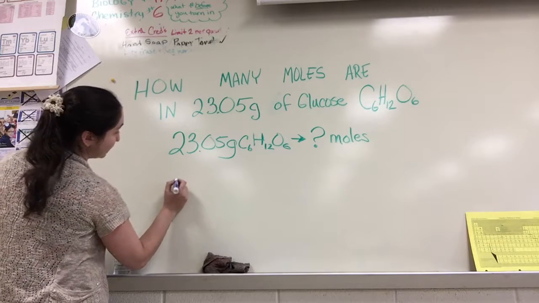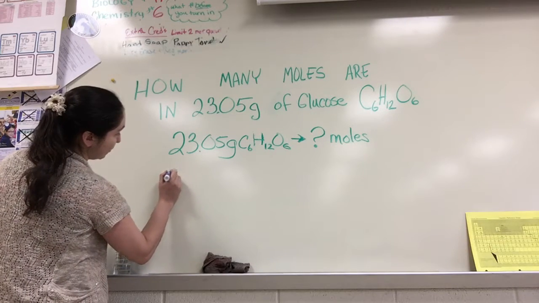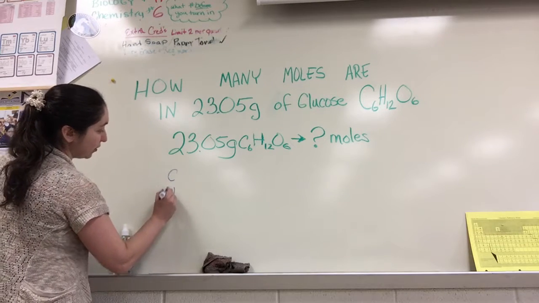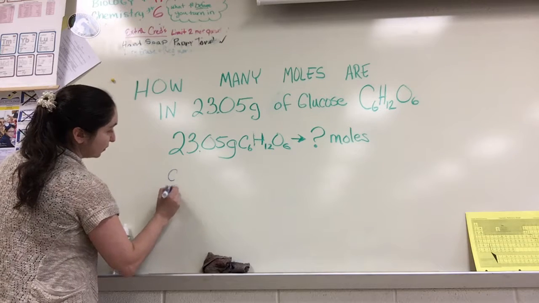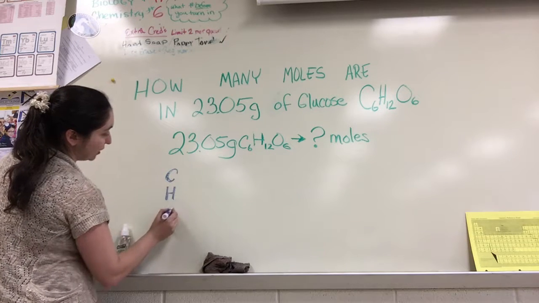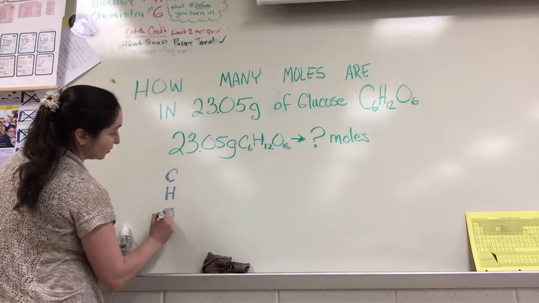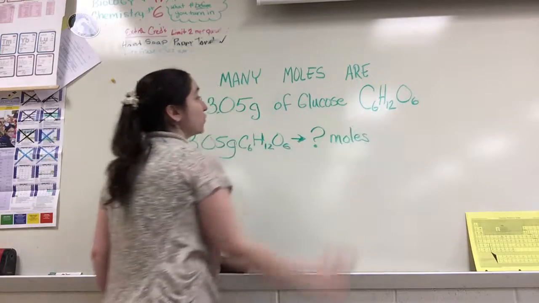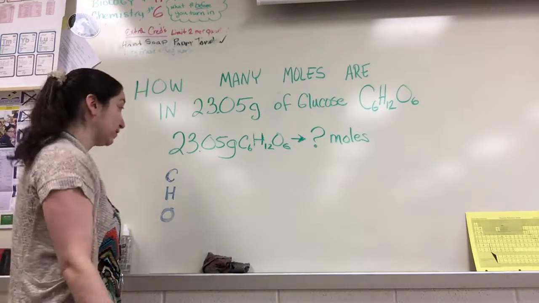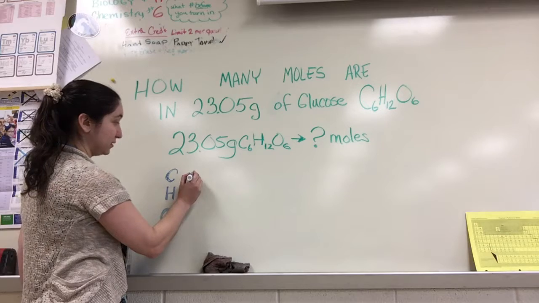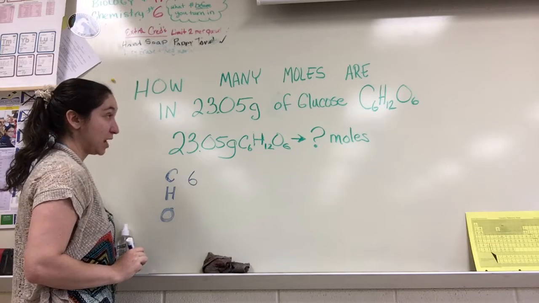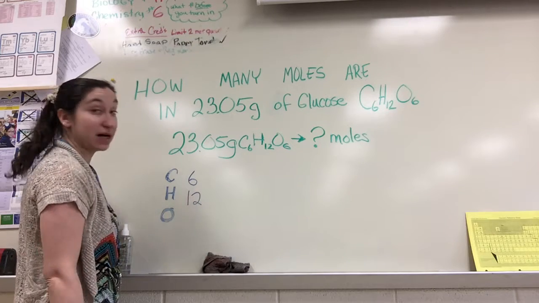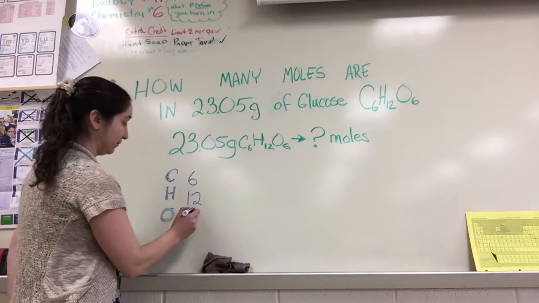So just like when you balance an equation, you gotta account for each type of atom and how many there are. So right here I have carbon, I've got hydrogen, and I've got oxygen. All right, so I'm gonna look up there and ask myself, how many atoms in this formula of each do I see? It's pretty straightforward. So I've got 6 carbon, I have 12 hydrogen, and I've got 6 oxygen.